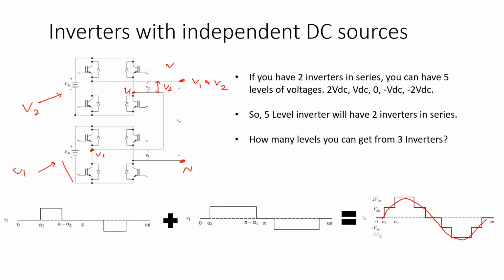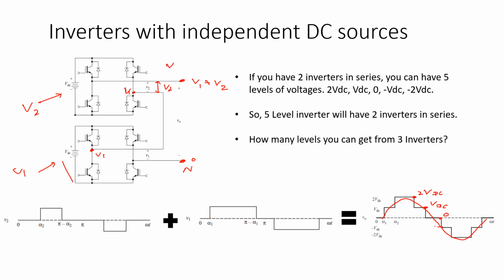So if you have two inverters in series, you can have 5 levels of voltages. So in here you can see this is 2 VDC, since this is also VDC, this is also VDC. If this is 0 and this one is producing VDC and this one is also producing VDC, the maximum voltage will be 2 VDC. Then you can have 1 VDC. So this is 0, this is VDC, and it will create 1 VDC. And if both are 0, it is 0.